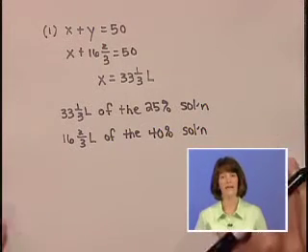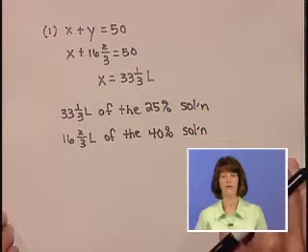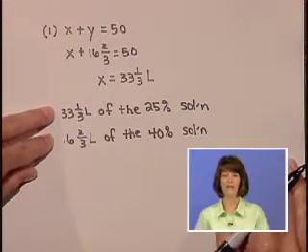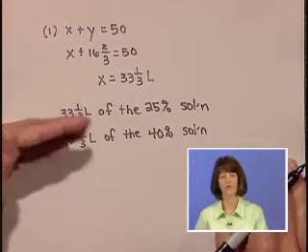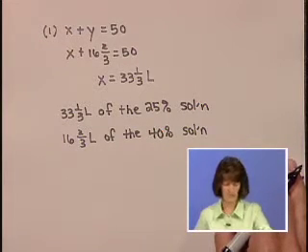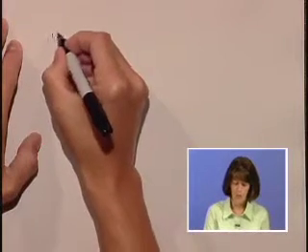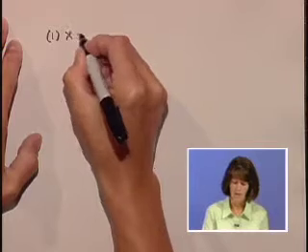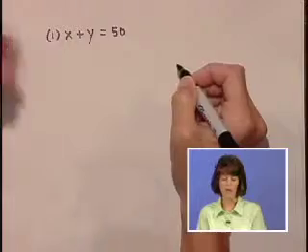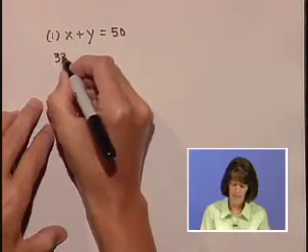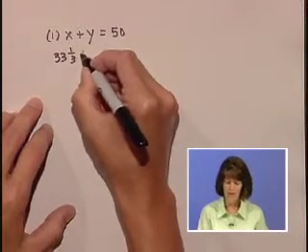Let's go ahead and as a last step, just quickly check our answers, substituting both of these values for x and y into equations 1 and 2 to ensure that they satisfy both equations. So as the last step, equation 1 was x plus y is equal to 50. Remember that we had gotten 33 1/3 for x.